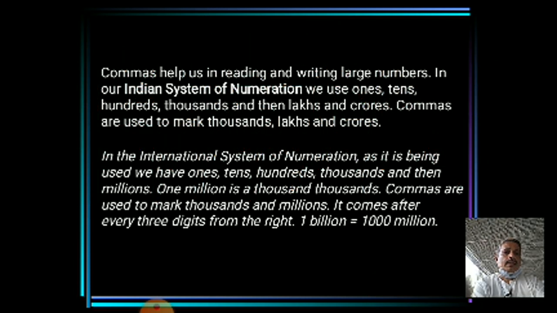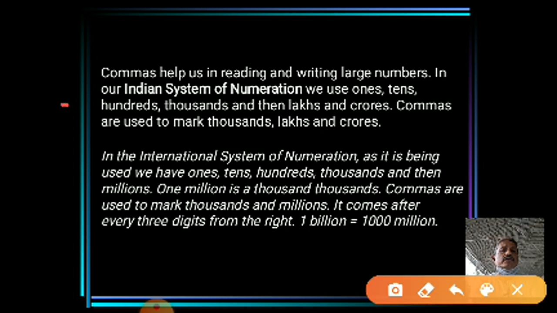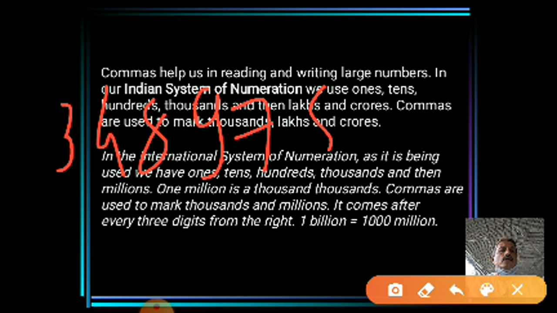Okay. Now for the international system, it is so easy. There is only one way to represent a comma. Each and every 3 digits have a comma. Suppose a big number is written 3, 4, 8, 9, 7, 5, 4, 3, 2.